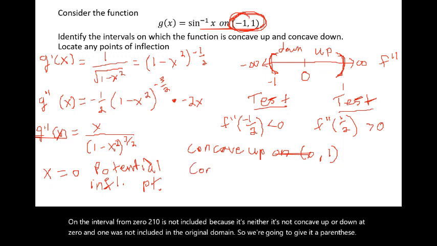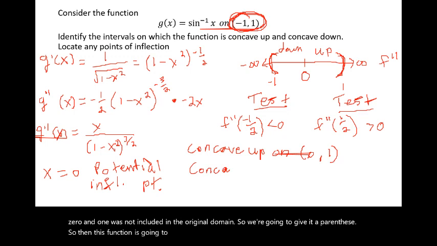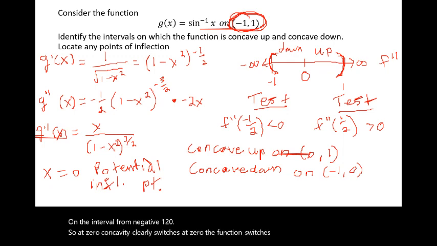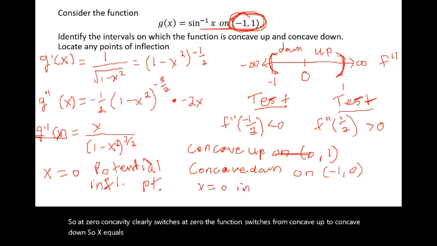Then this function is going to be concave down on the interval from -1 to 0. So at 0, concavity clearly switches. At 0, the function switches from concave up to concave down. So x equals 0 is an inflection point.